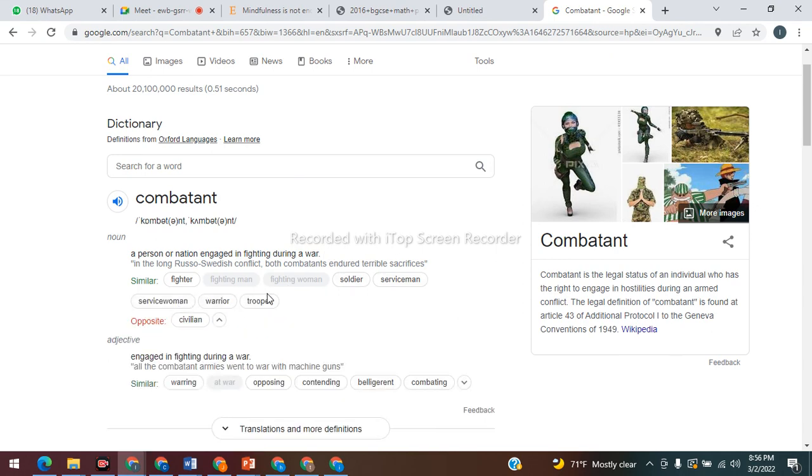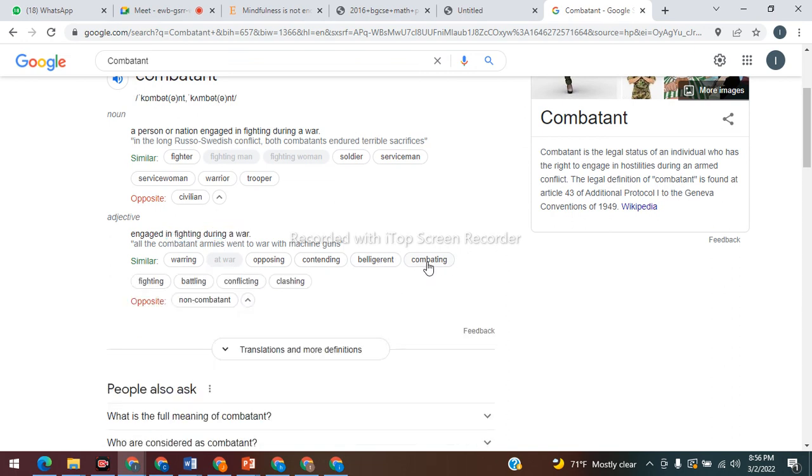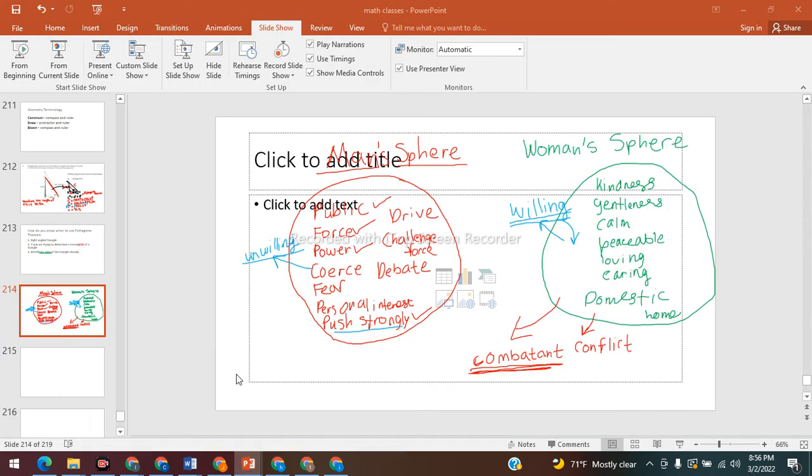A warrior, a trooper, a soldier engaged in fighting during war. Warring, opposing, contending. These are good words. Belligerent, conflict, clashing. She is saying that these things in tone, in voice, in attitude should not be what a woman should be displaying. That's her thesis.